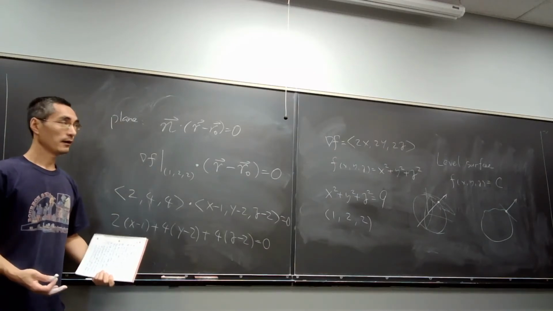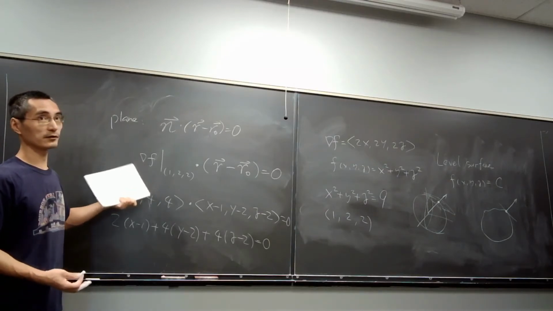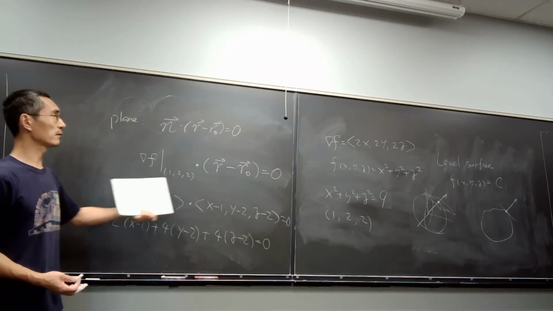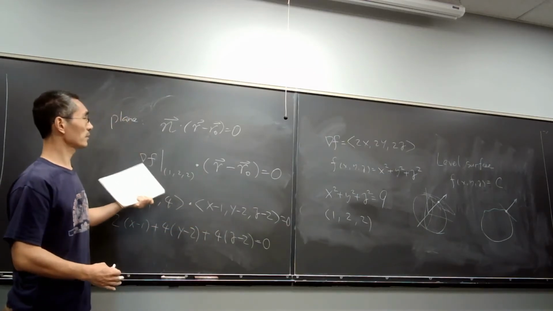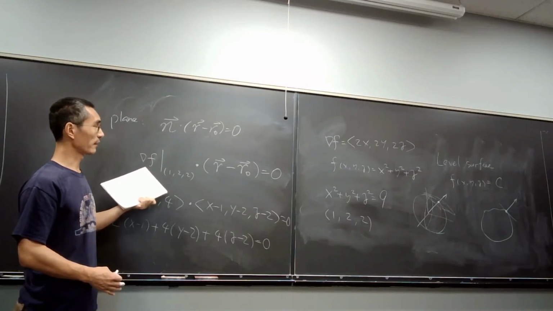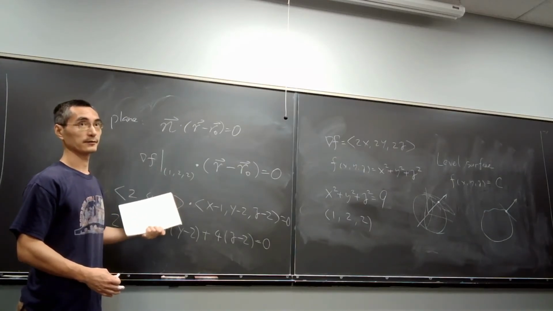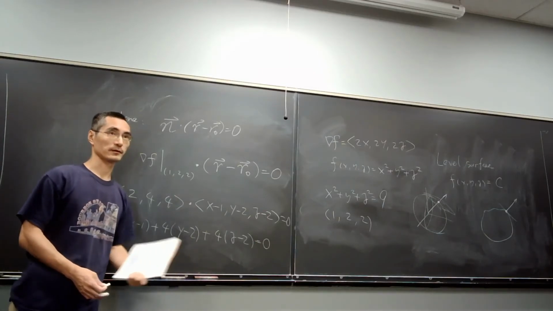Okay? And then in our particular problem, we want to find the tangent plane. So our r naught is given because you know the point. Then what is the normal direction? It's given by the gradient of the function at that point. Then you just plug in numbers and do the calculation.